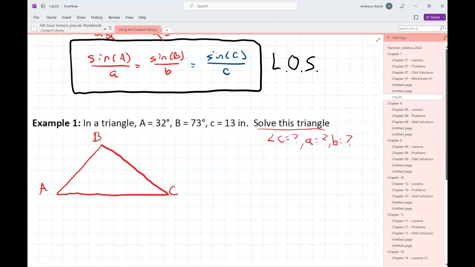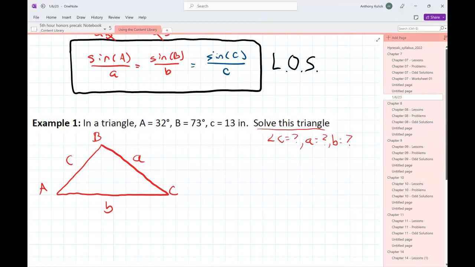I have to be careful when I'm labeling my side lengths though, right? The way we constructed the law of sines was very specific in that the side length that's opposite the angle needs to be named with the same letter. So this side has to be A because it's opposite angle A. This side has to be B because it's opposite angle B. This side has to be C because it's opposite angle C. If you don't name them that way, the law of sines will not work.